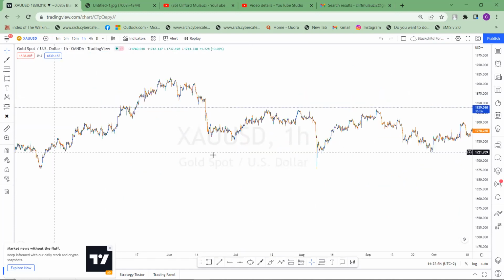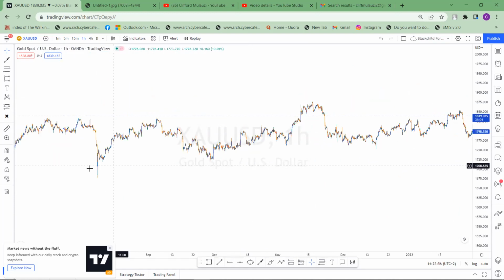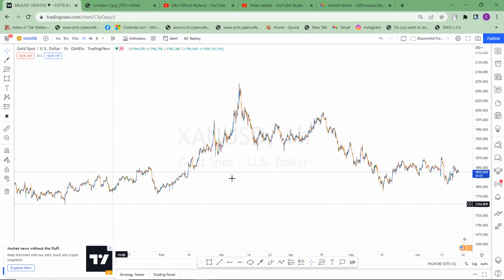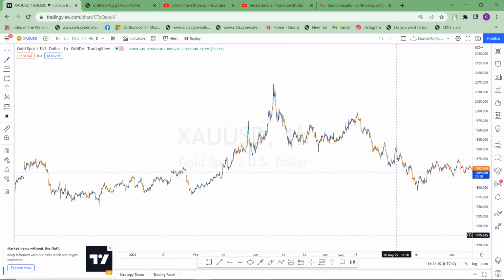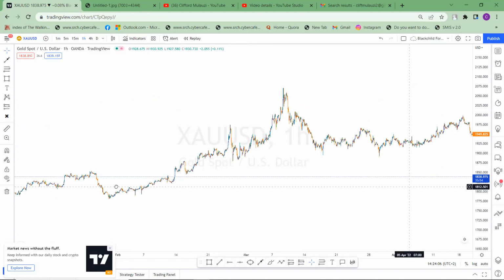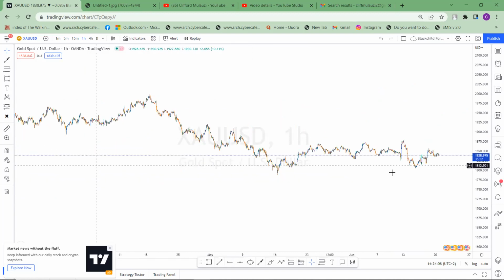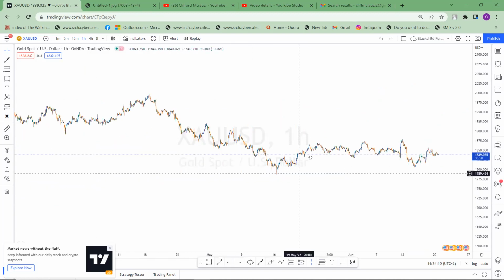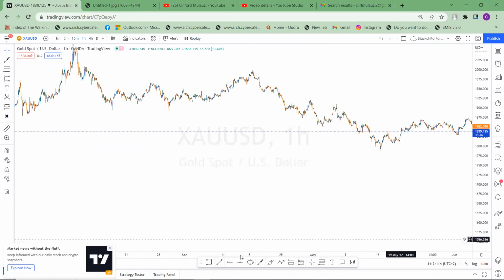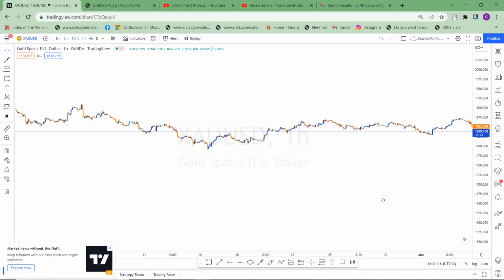I'm trying to look for another example so that you can relate whenever you're identifying order blocks. I can't find where. Okay, I'll just take from what I've already traded so far.